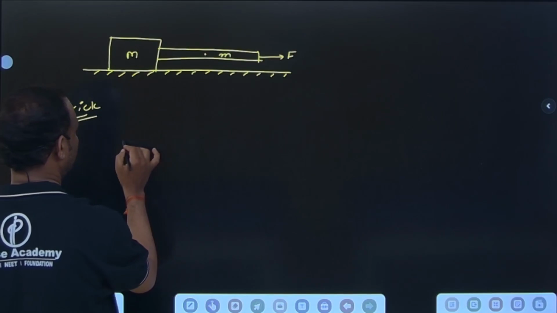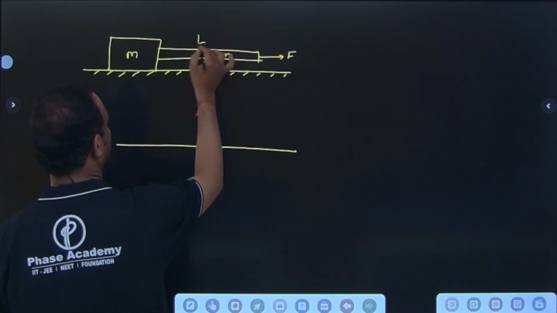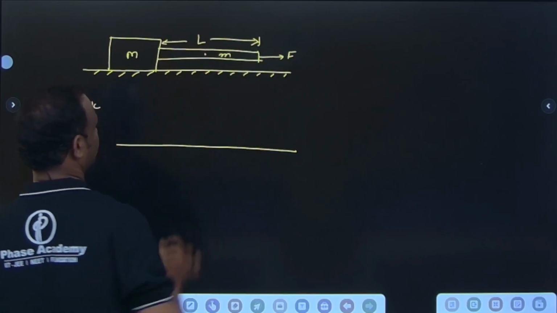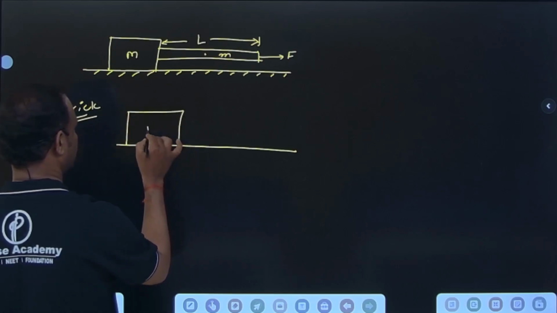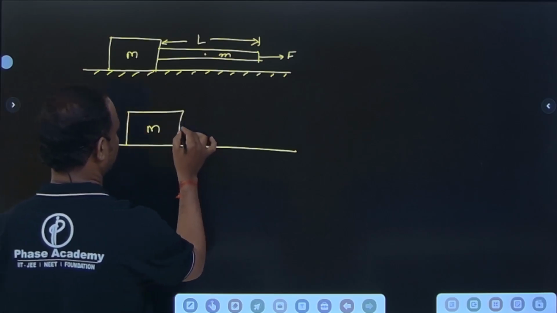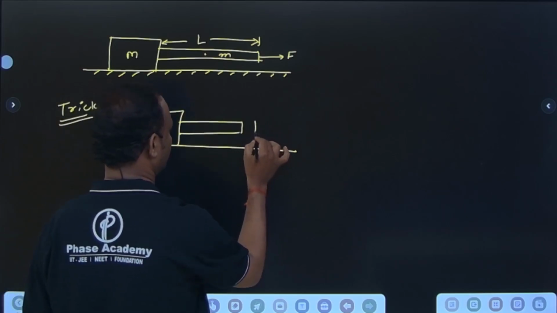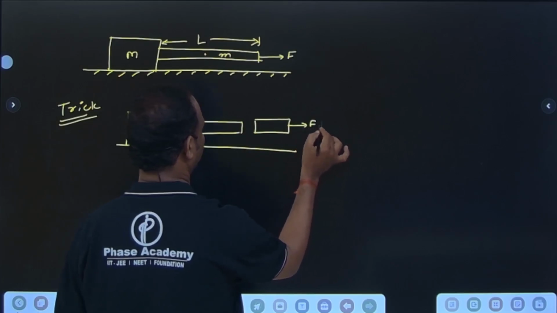Now I'm drawing the free body diagram. The length of the rope is L. The masses are M1 and M2, and this is the applied force.